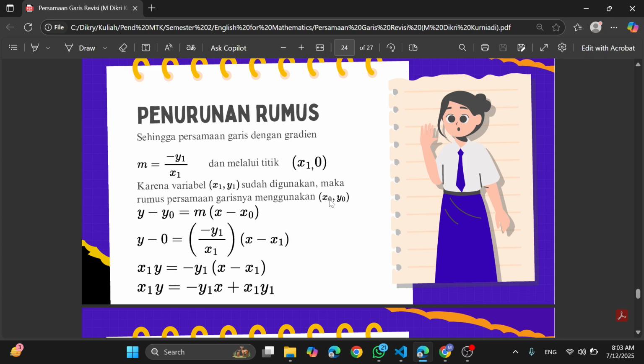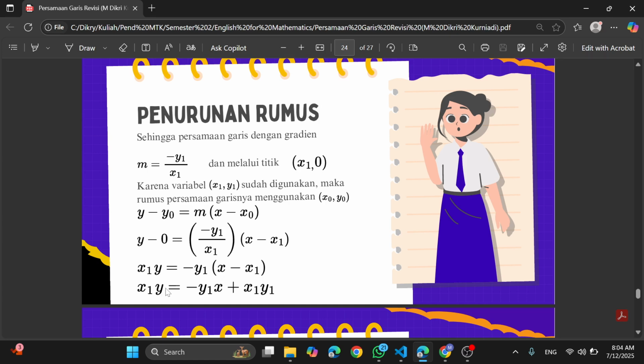We substitute x0 and y0 into the formula: y minus y0 equal m times x minus x0. Then y minus 0 is equal to negative y1 over x1 times x minus x1. Then x1 multiplied by y equal to negative y1 multiplied by x minus x1.